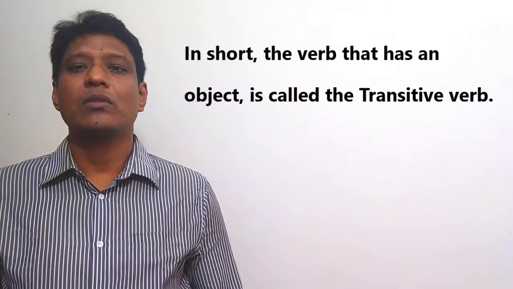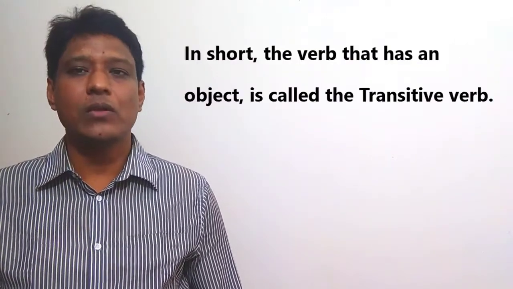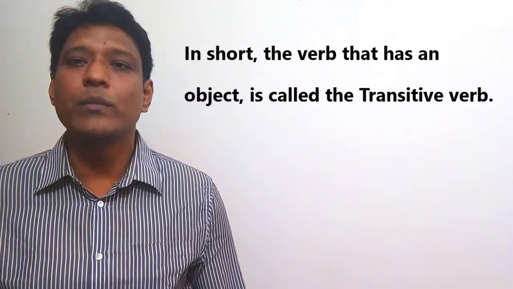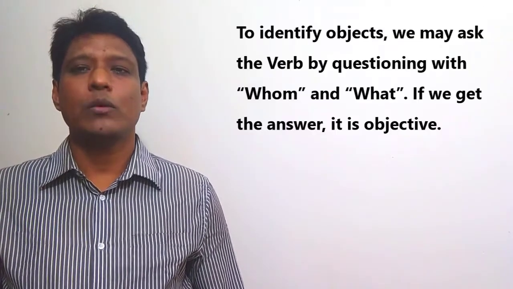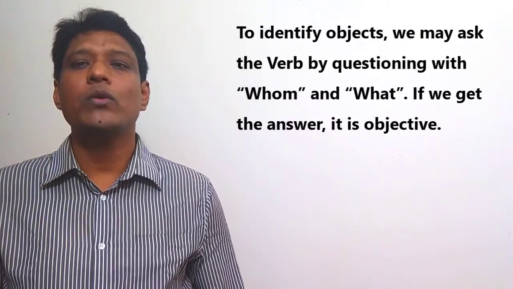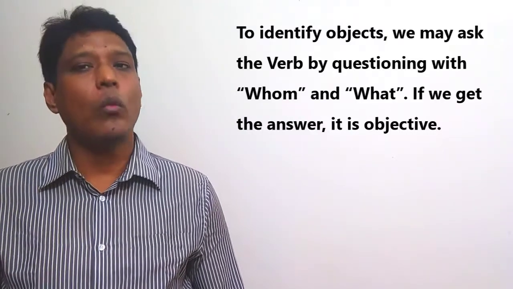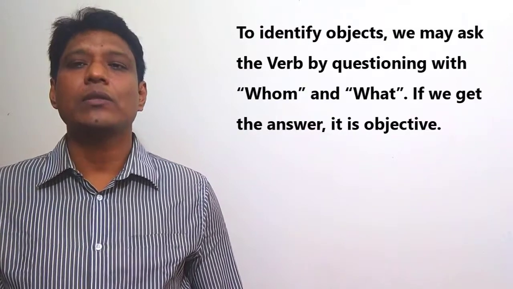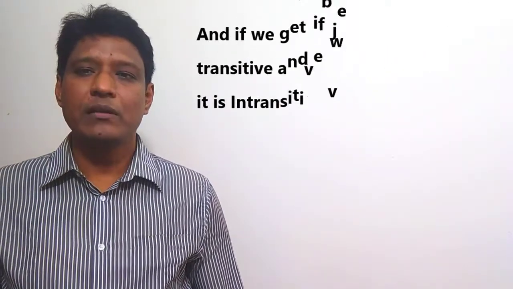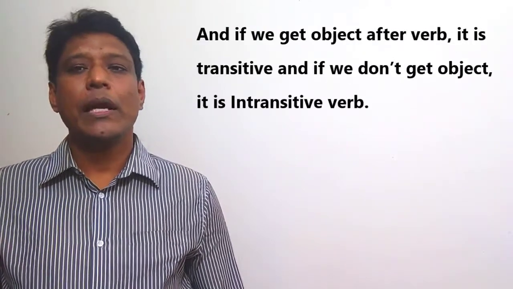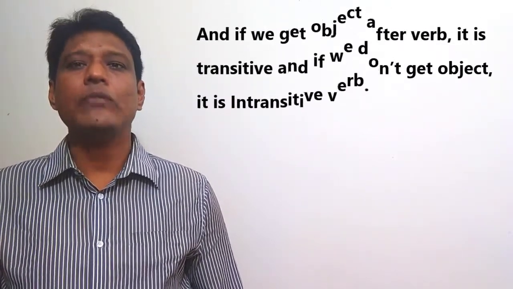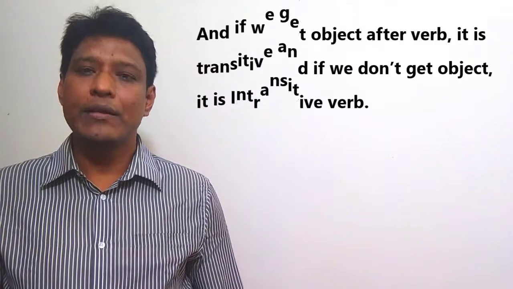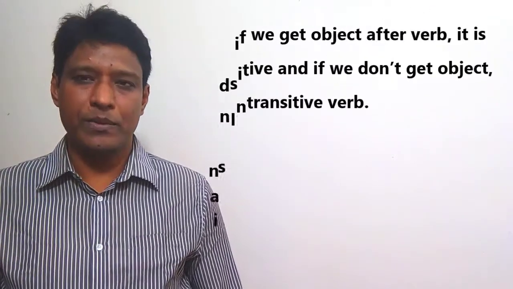In short, the verb that has an object is called a transitive verb. To identify objects, we may ask the verb by questioning with whom and what. If we get the answer, it is an object. If you get an object after the verb, it is transitive. And if we don't get an object, it is an intransitive verb.